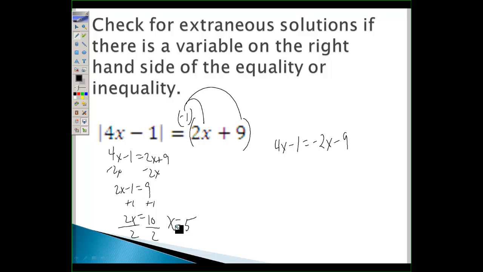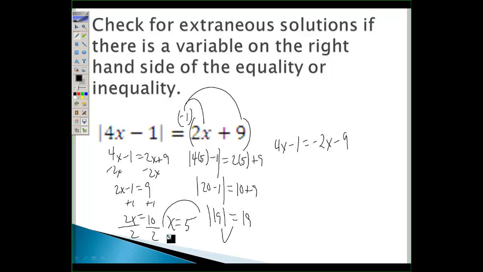Let's see if it works now. I'm plugging it into my original equation. The absolute value of 4 times 5 minus 1 equals 2 times 5 plus 9. And as you can see, the absolute value of 19 does equal 19. It's true. This is one of my solutions. My second solution, now remember, we got this right-hand side because we had to distribute this -1.